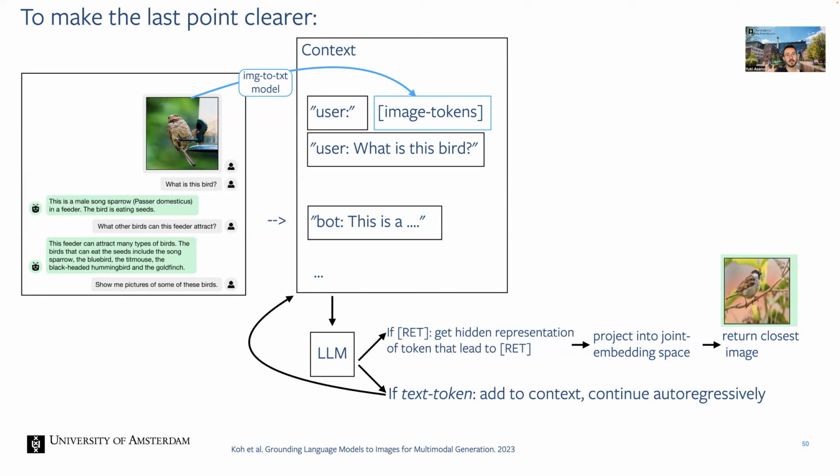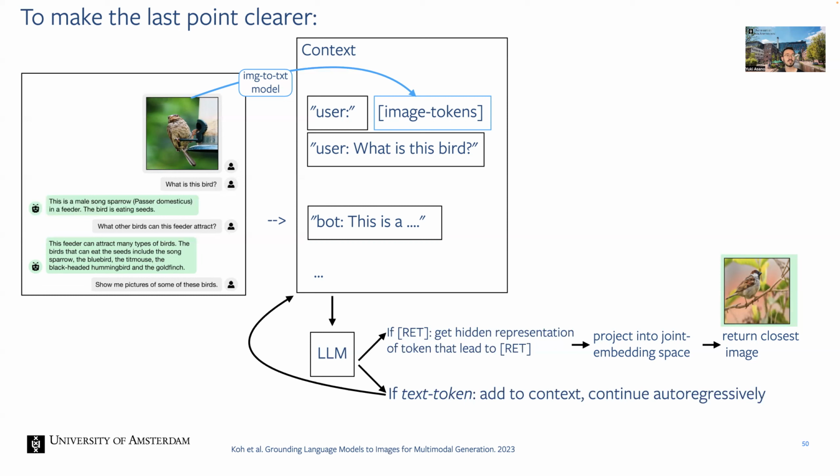The red token itself is just a token, always the same, no matter which image we would be trying to get. But one representation before that has all the context that comes from the chat history before it. So this token before that has the information about what kind of image we're trying to retrieve.